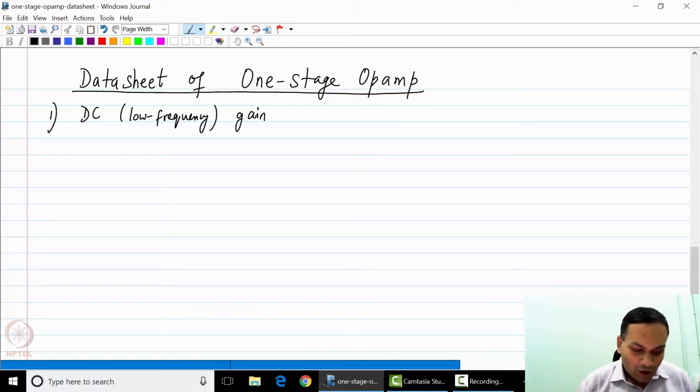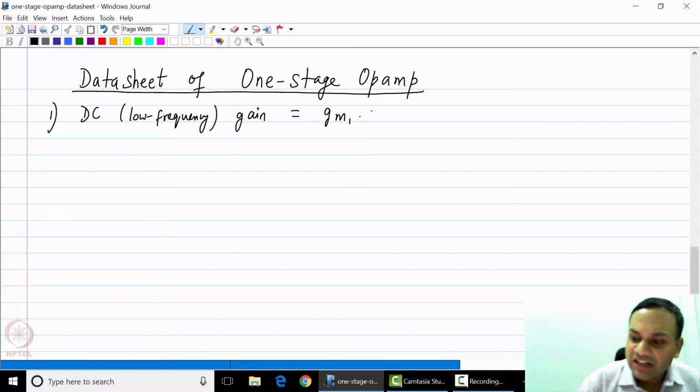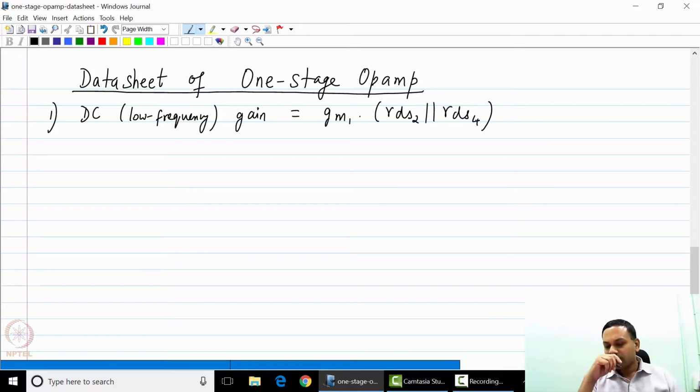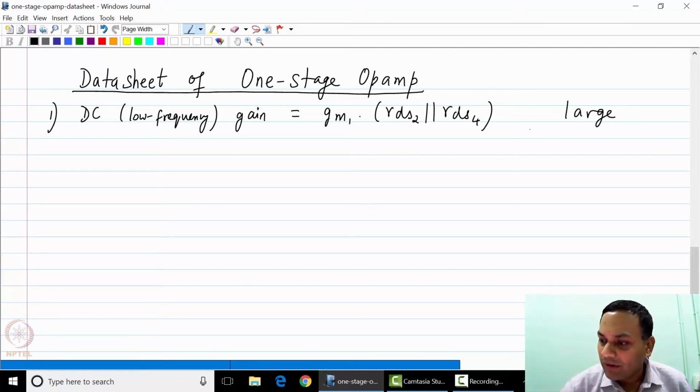So the DC or low frequency gain of the op amp is nothing but GM1 into RDS2 parallel RDS4. Now please note that this gain is quite large, and you would expect that this would be of the order of the intrinsic gain of a transistor.